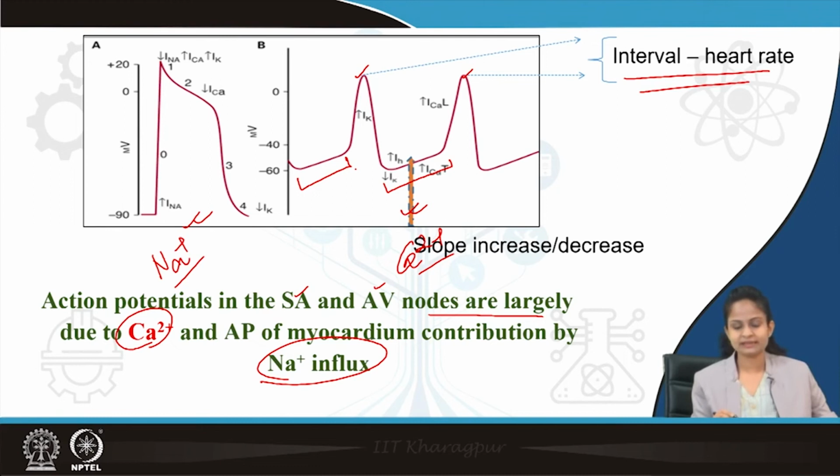The stimulation can be done exogenously by drugs, or it can also happen endogenously. So the prepotential slope changes, whether it decreases or increases, and the interval between these two peaks gives you the heart rate, which then increases or decreases.